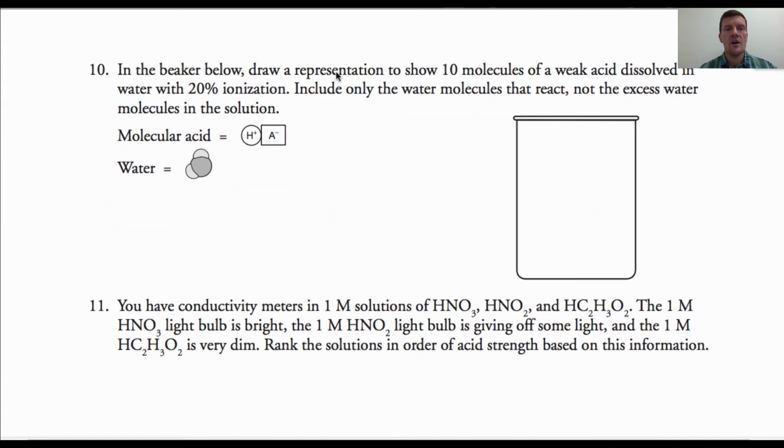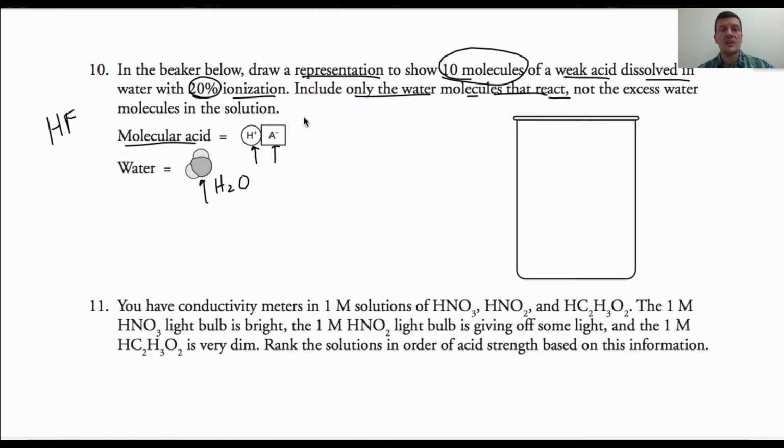In the beaker below, draw a representation to show 10 molecules of a weak acid dissolved in water with 20% ionization. Include only the water molecules that react, not the excess water molecules in the solution. So here's our molecular acid. This is your H and then some non-metal, so this could be like HF or something. The A here is just representing some general non-metal. It's not being specific. Okay, here's your water, there's your H2O.